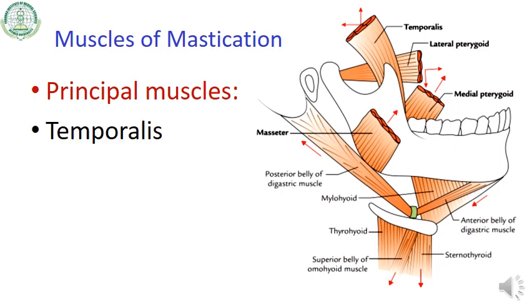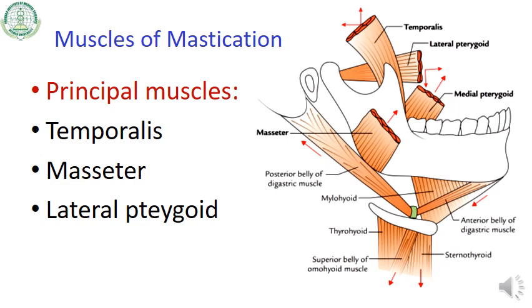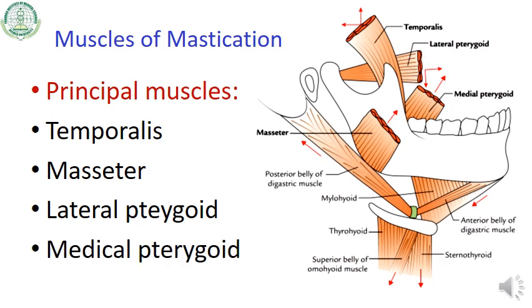They are temporalis, so this is temporalis, masseter, this is masseter, lateral pterygoid, this is lateral pterygoid, and medial pterygoid, this is medial pterygoid. So these are four principal muscles of mastication.